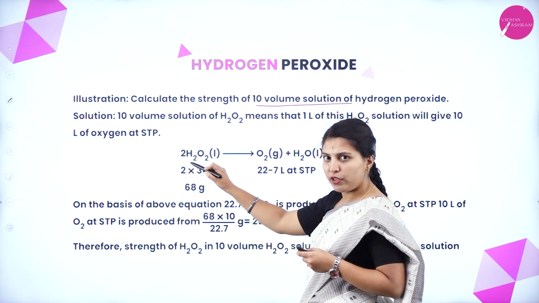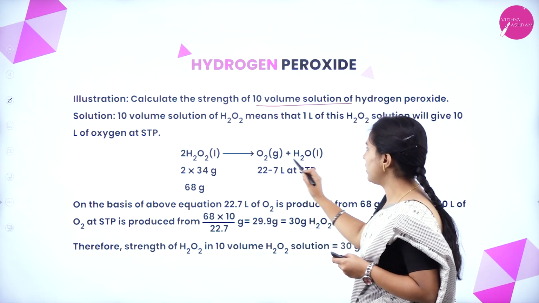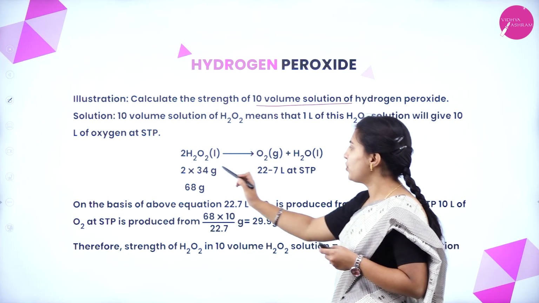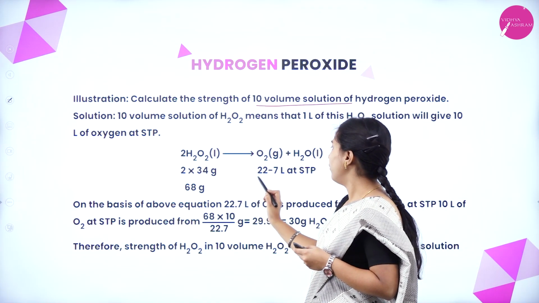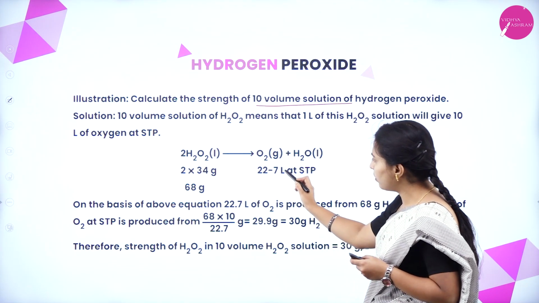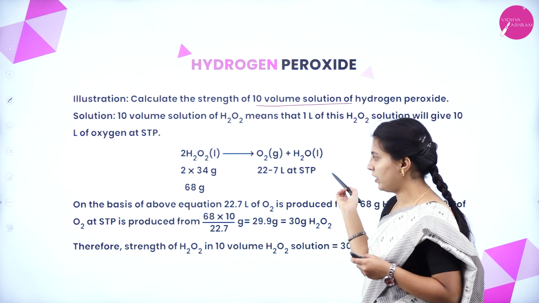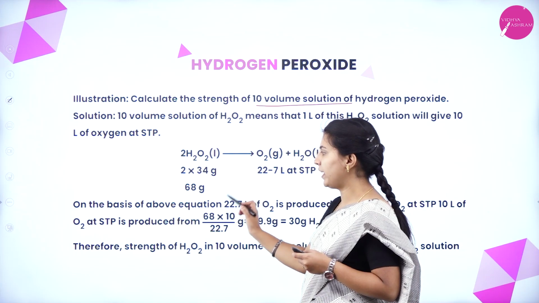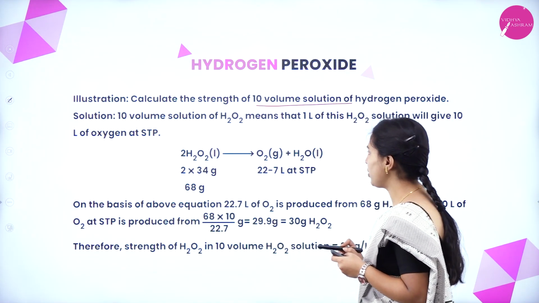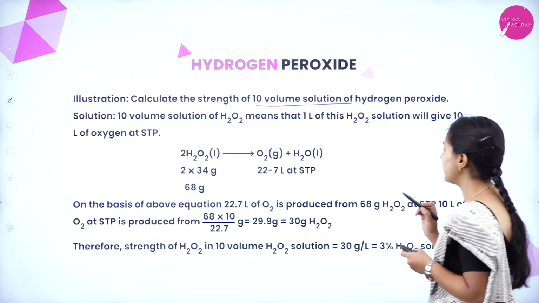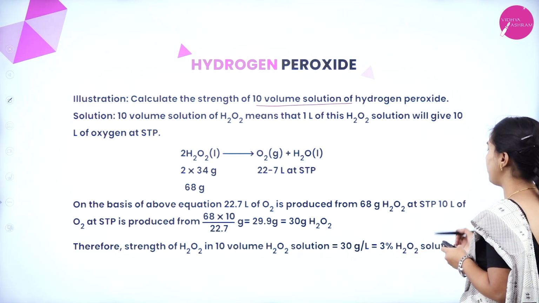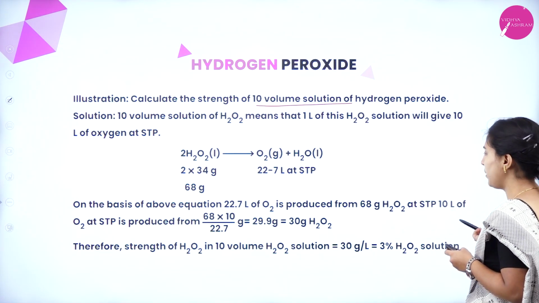Hydrogen peroxide gives oxygen and water. 2 into 34 will give 22.7 liters at standard temperature and pressure. It will give 68 grams. On the basis of the above equation, 22.7 liters of oxygen is produced from 68 grams of H2O2 at STP.